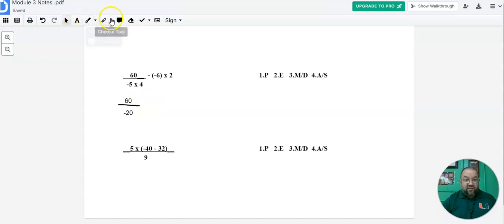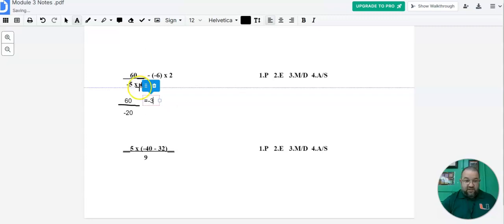Let's just use the equal sign, makes it super easy. All that equals negative 3. So effectively, all that 60 over negative 20 is the same as negative 3, okay?